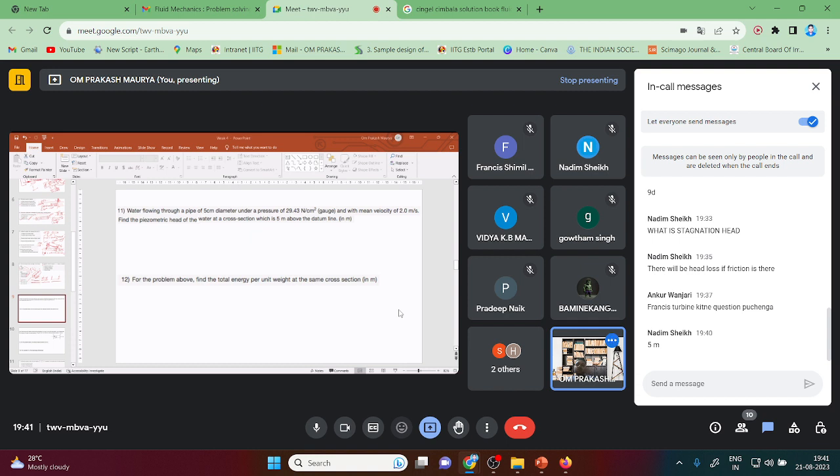Find the piezometric head. What is this? It is the combination of datum head and pressure head of the water at the cross section, which is 5 meter above the datum line. The datum head is given as 5 and the pressure is 29.43. You need to give the answer in meters.